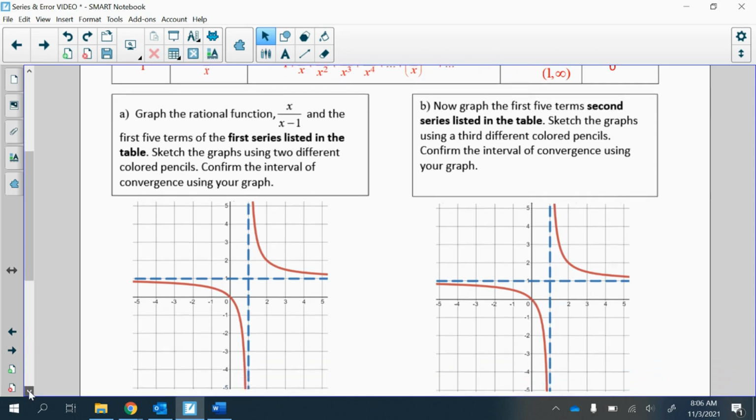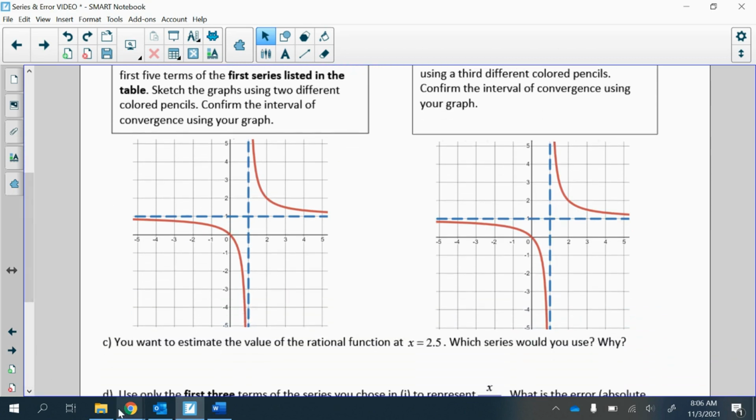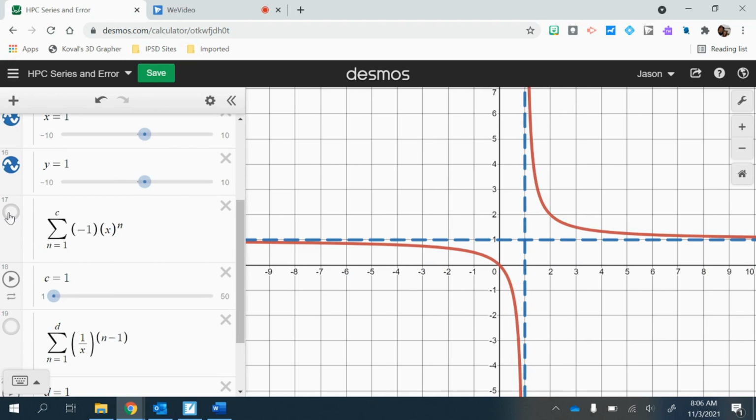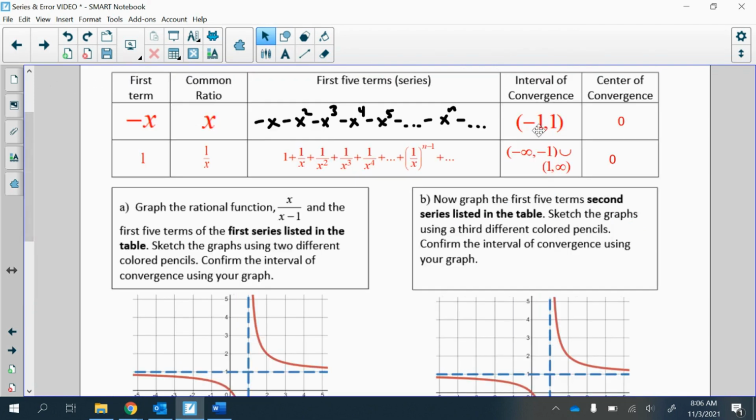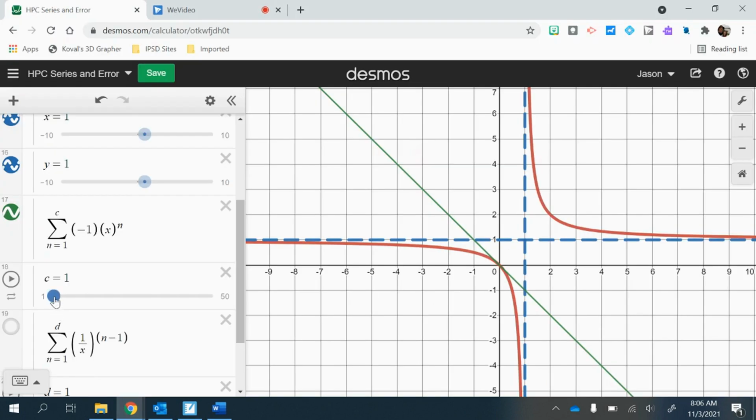And so what we're going to do is we're going to use Desmos in the same way. So the first series that we're dealing with is the one that we claimed was going to work from -1 to 1. So we're going to keep adding negative x minus x squared minus x cubed minus x to the fourth, and so on, up through the ninth.